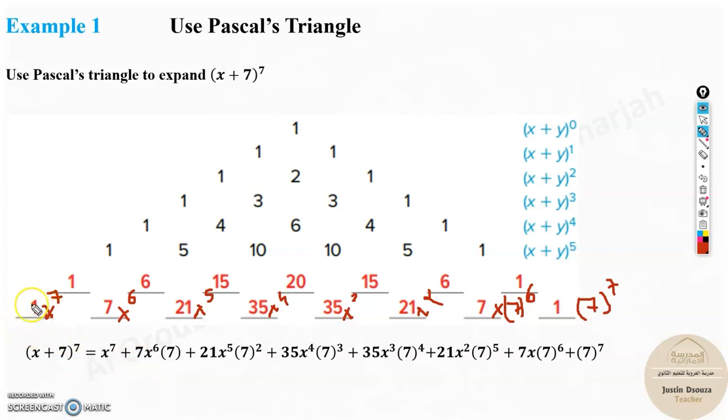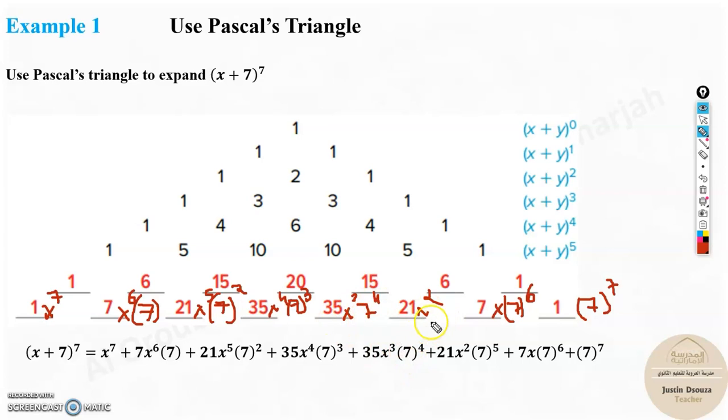See, you don't write one coefficient, so it's just x to the power 7, 7x to the power 6, multiply by 7 again because the second term. Now 21x power 5, 7 squared. Can you see? 21x power 5, 7 squared. 35x power 4, 7 cubed, to the power 3, 7 to the power 4 over here, 35.